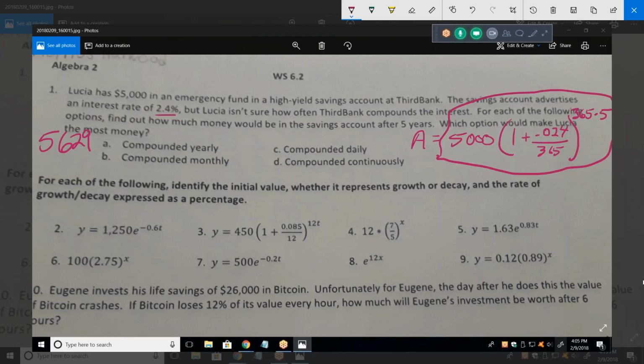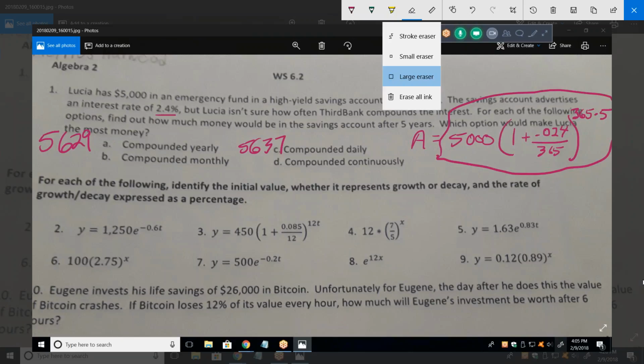Good. Hold on. 1.002. No, something's wrong with my calculator. What did you come up with on your compounded daily? 5,637. Okay. Now let's compound it continuously.